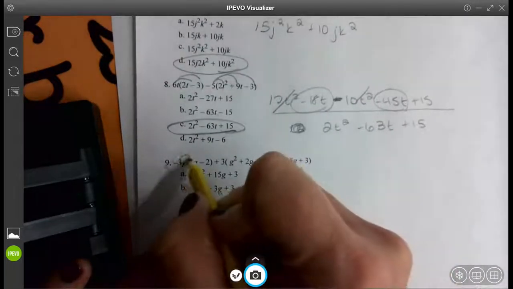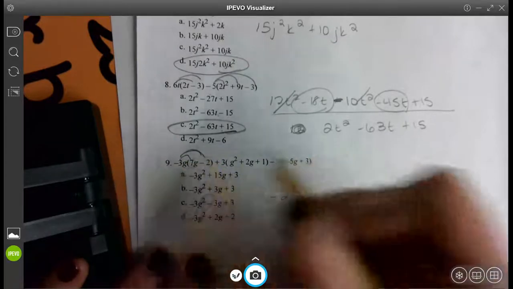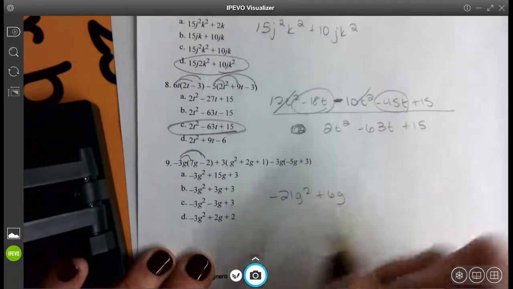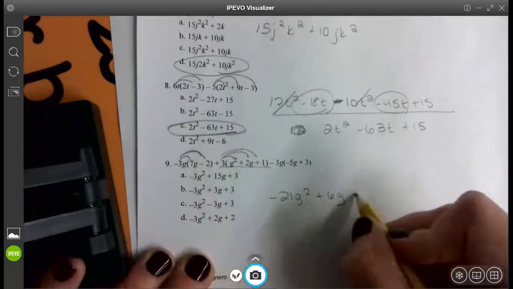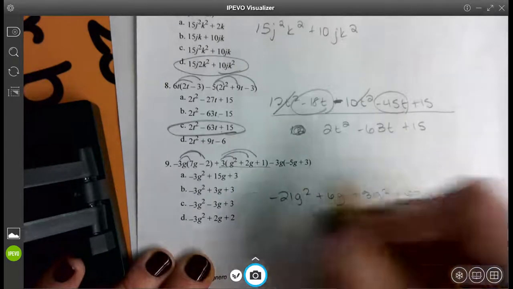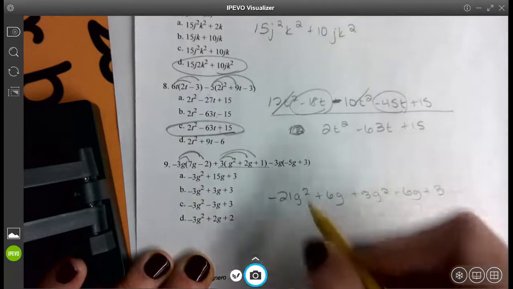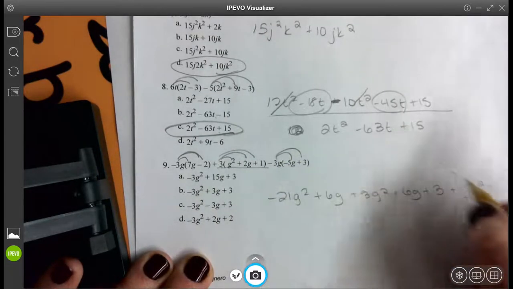Lastly, we have one more to distribute. Negative times a negative is a positive 6g. We also have to distribute this middle. So 3g squared, 6g plus 3 plus 15g squared minus 9g.